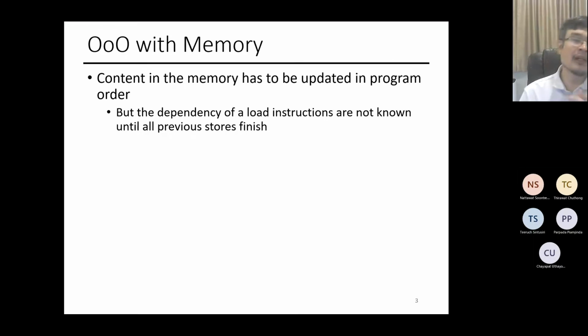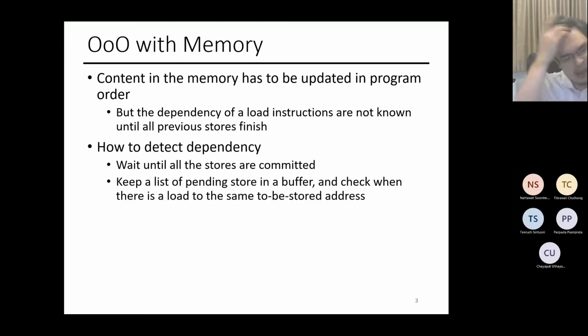So you have a dependency between the previous load instruction and the future load instruction that's already in your scheduling window. The scheduling window is where you fetch a bunch of instructions and try to figure out who can go and get issued.